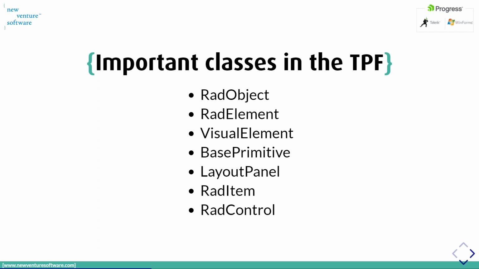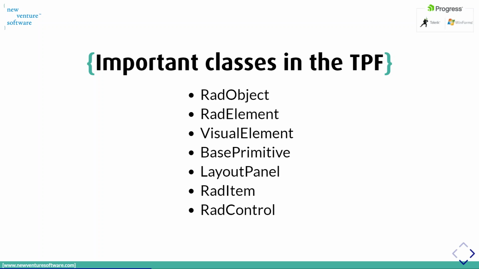And finally, we have the RAT control, which also is an important class. This is an abstract class for all RAT controls. So each RAT control contains a tree of RAT elements, and the tree has a root, as we saw in our demo. The RAT control root element is the tree root, and the children are displayed underneath.